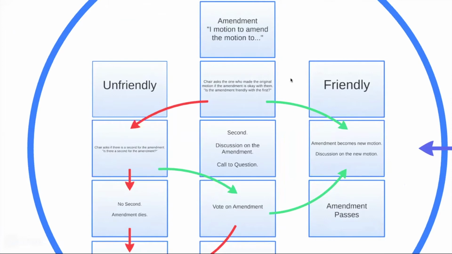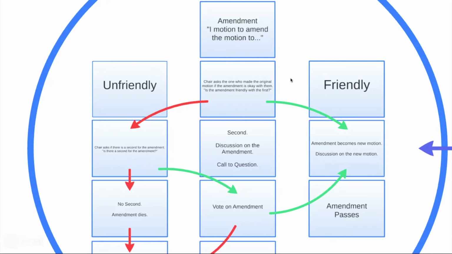On the right, if the person who made the motion, the first, agrees with the amendment, then it is considered friendly with the first, and the amendment becomes the new motion.